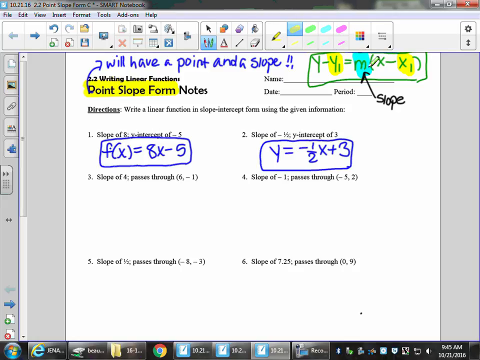Point slope form. And we're going to practice using it right now. With practice, we will get this, I promise. So what label can I put right here to help myself out? M. And then above the point, we're going to write x1, y1.